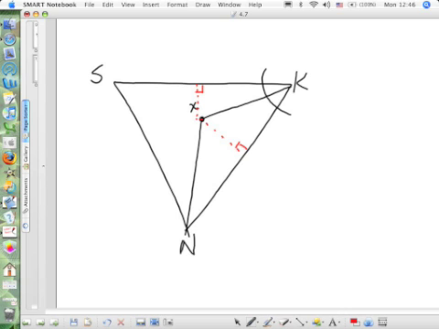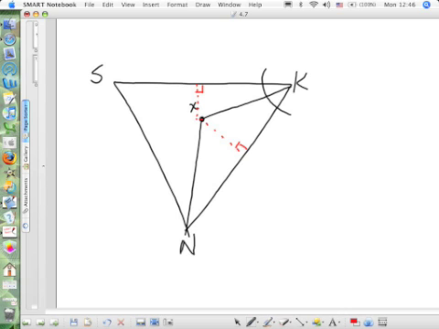All right. So if that is the case, then X is equidistant from the sides, so this length here is congruent to this length here, which doesn't look like it in my picture because that's freehand. Which means basically that this triangle is congruent to this one. So then SK and KN will be equal? Not necessarily.